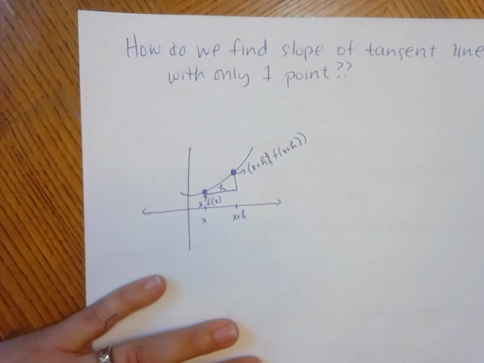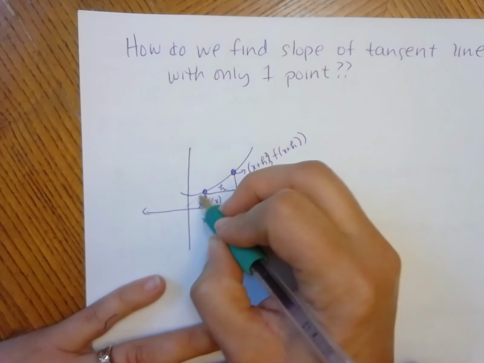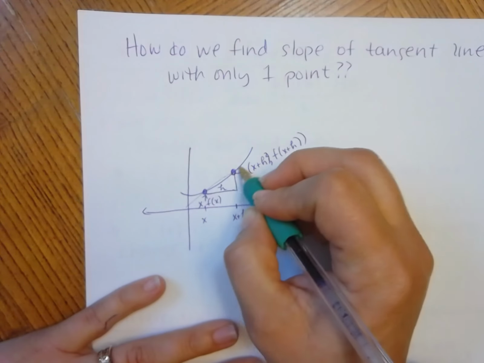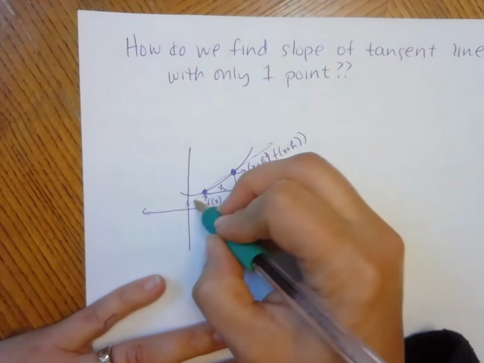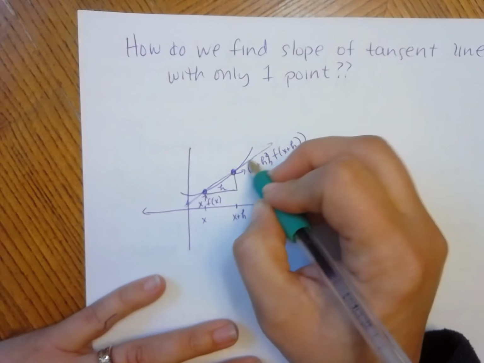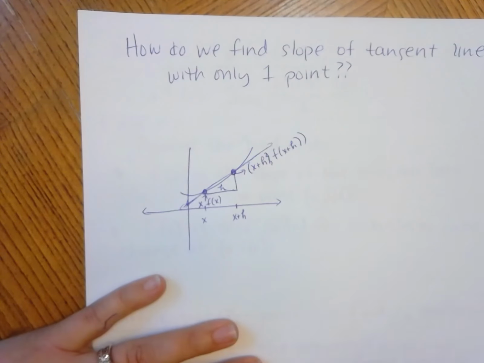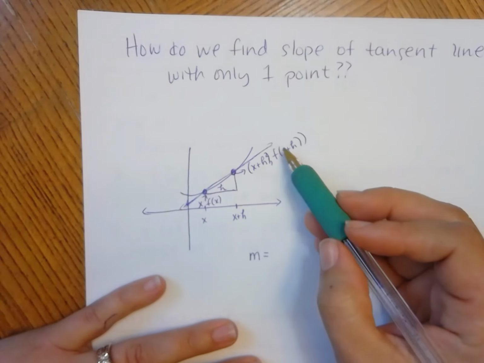And so we know how to calculate the slope. If I imagine that's my secant line through those 2 points, maybe I should draw it a little darker. So let's write the equation of the slope of that. Slope is y minus y over x minus x. We're going to start with the bigger y, so I'm going to have f of x plus h.